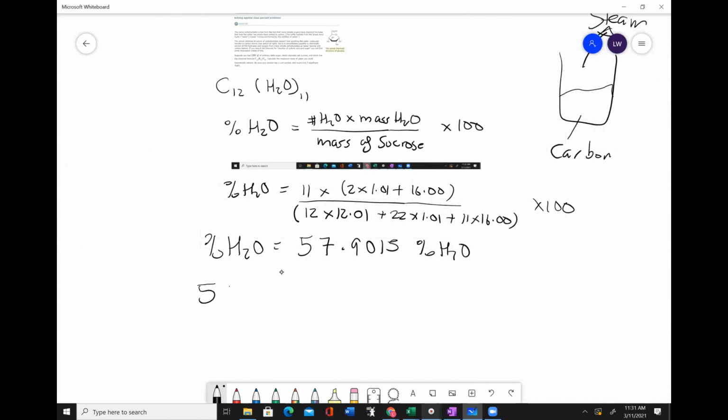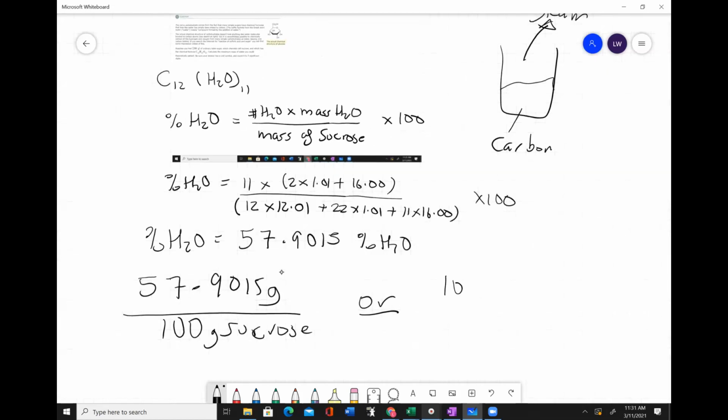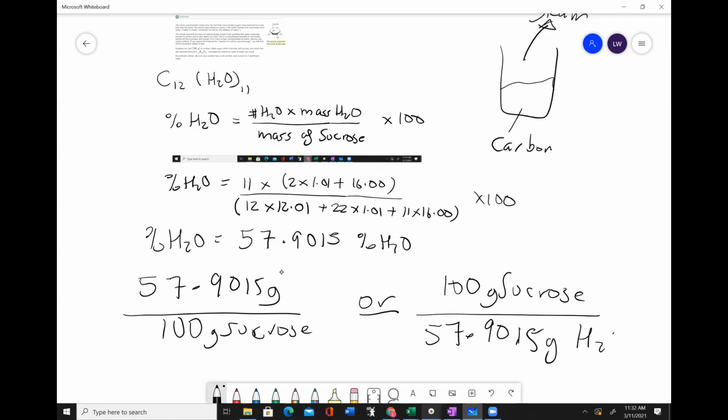This is grams of water for every 100 grams of sucrose, which of course we can also write as 100 grams of sucrose for every 57.9015 grams of water. So one of these conversion factors, we're going to need to solve the problem.